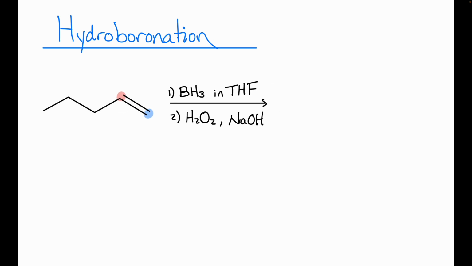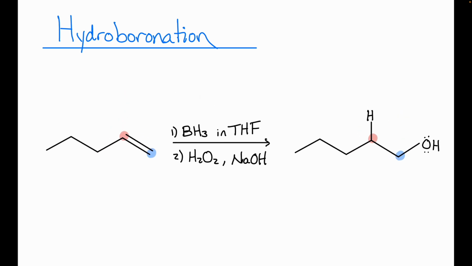Okay, now the claim to fame of these hydroboration reactions is that boron as a catalyst orients this molecule in such a way that you get the hydroxyl group on the less substituted carbon and the hydrogen on the more substituted carbon. All right.